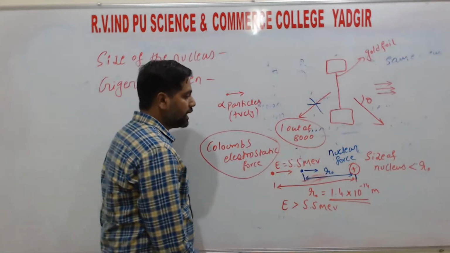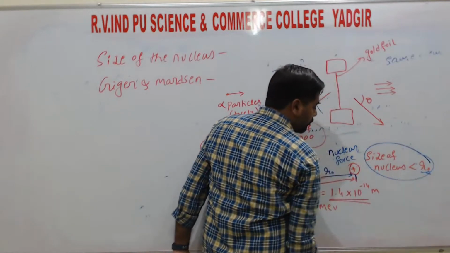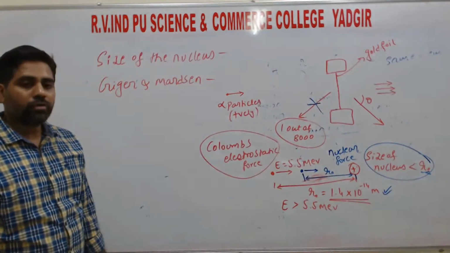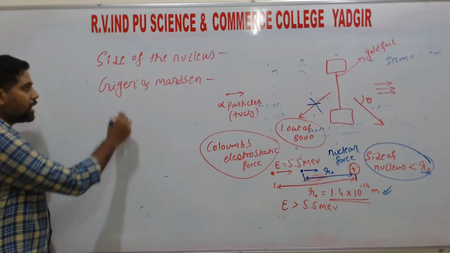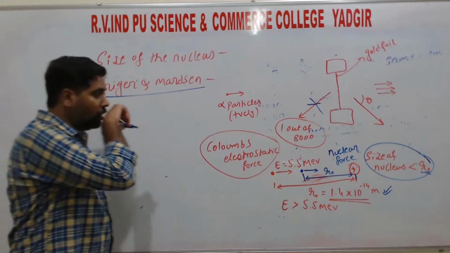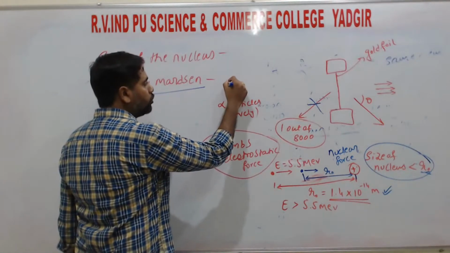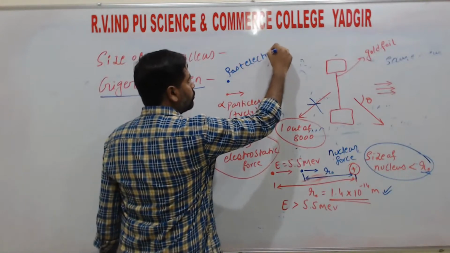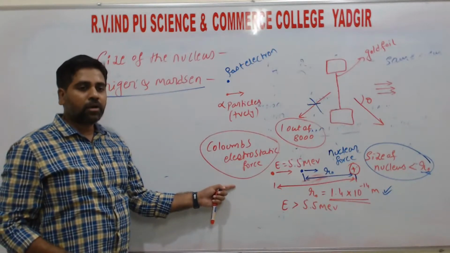So for that he concluded that the size of the nucleus is very much less than the R0 value, and the R0 value is how much? That is 1.4 into 10 to the power of minus 14 meter. Right? So Geiger and Marsden further continued the experiment by replacing the alpha particle with fast electrons. So this was the experiment conducted by Rutherford.